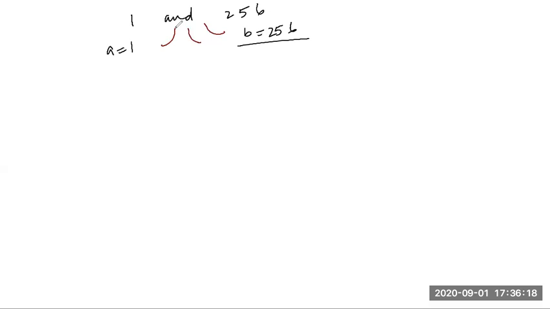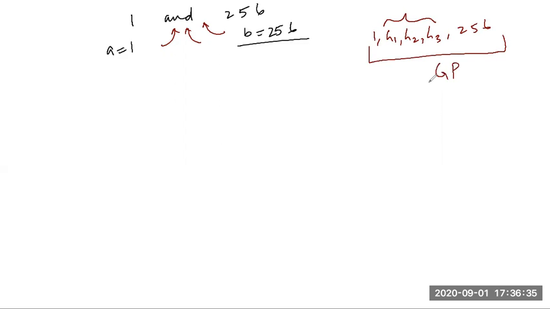So we have to insert three numbers in such a way that the resulting sequence A, G1, G2, G3, these are the three numbers we have inserted, to 256. This complete is a GP, geometric progression, or you say geometric sequence.